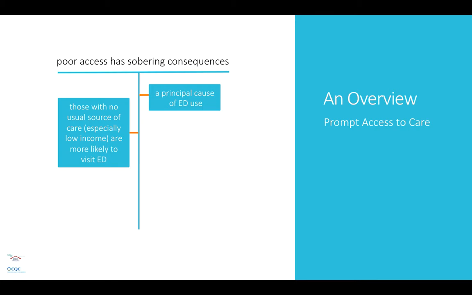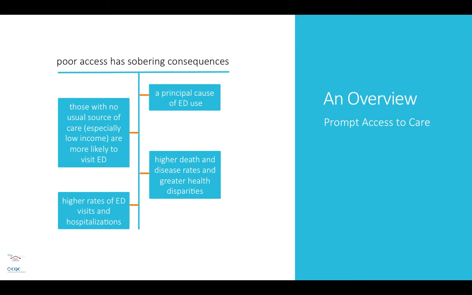In communities with poor access to primary care, the population has higher death and disease rates and greater health disparities than in communities where access to primary care is better. Communities with worse primary care access have higher rates of emergency visits and hospitalizations as a result.